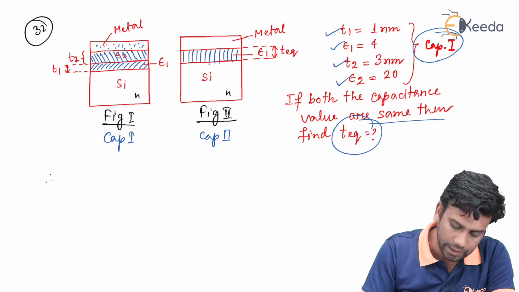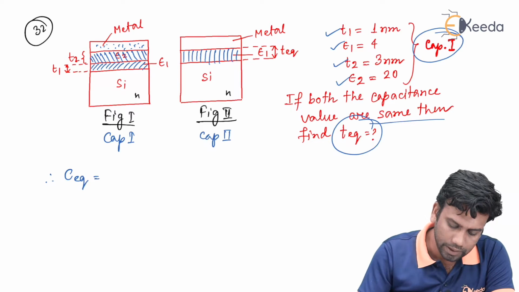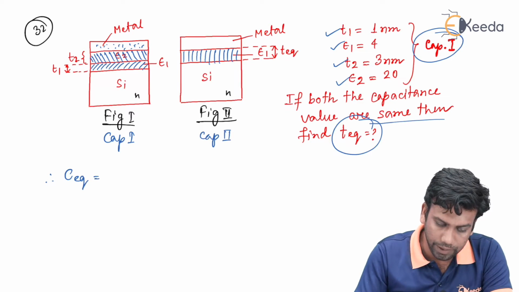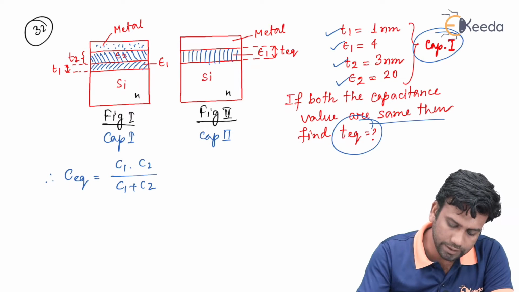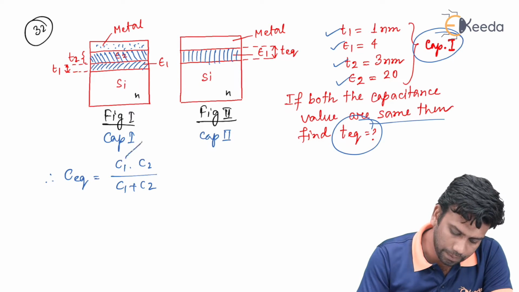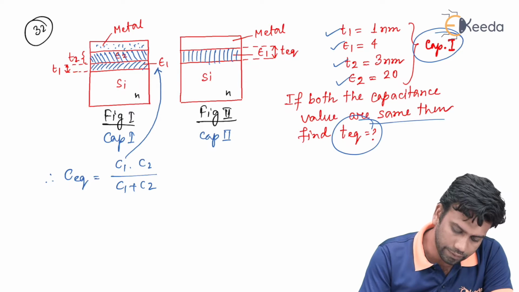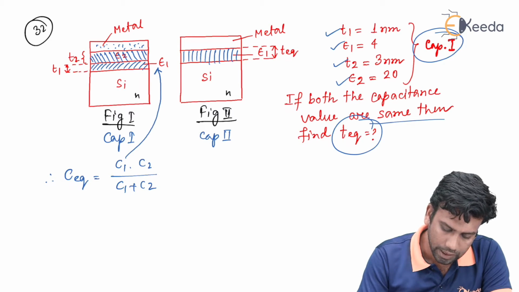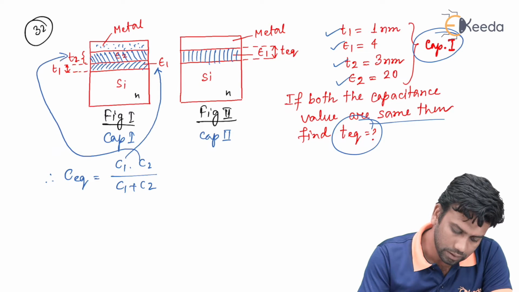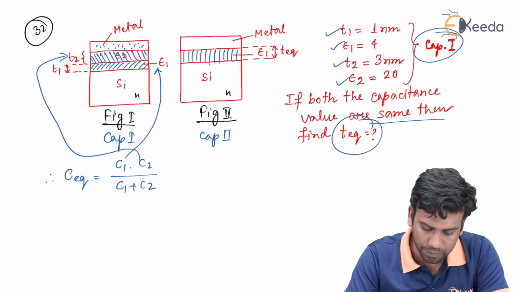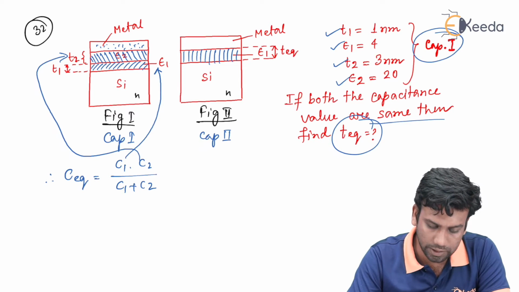So the equivalent capacitance in figure 1 will be C1 times C2 divided by C1 plus C2, where C1 is due to the dielectric epsilon 1 and C2 is due to epsilon 2, and both are in series.